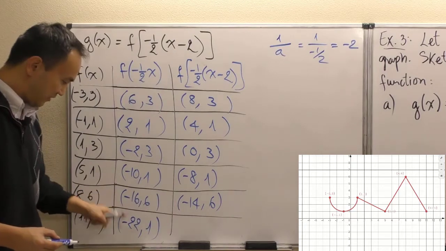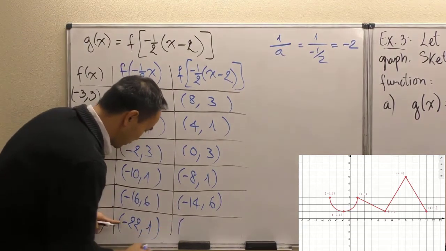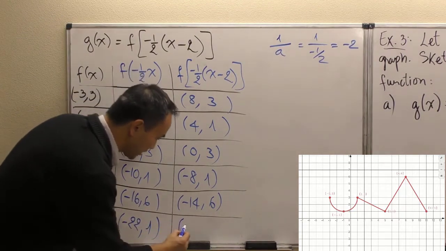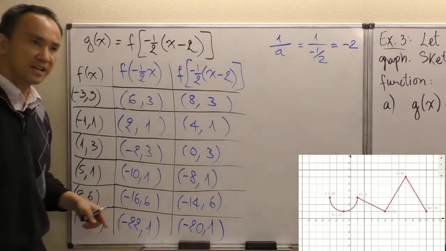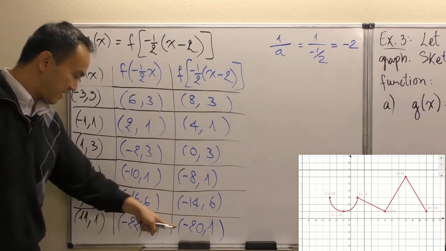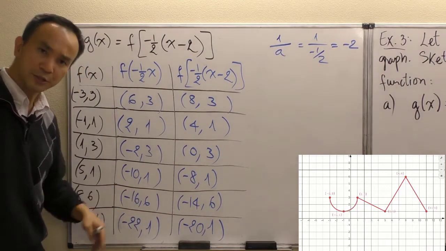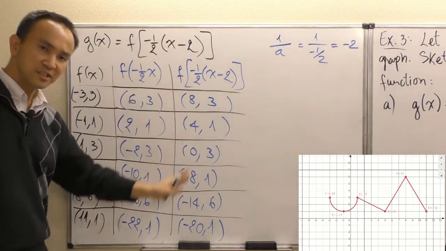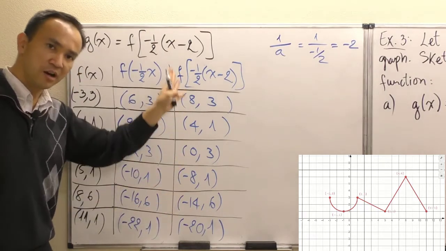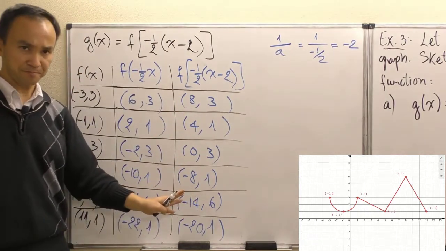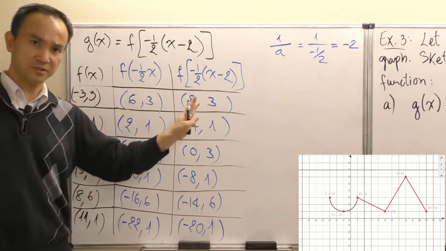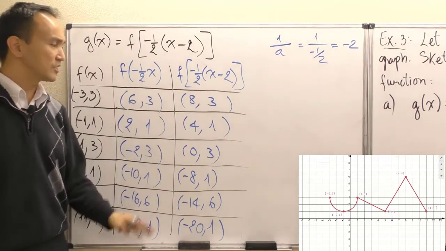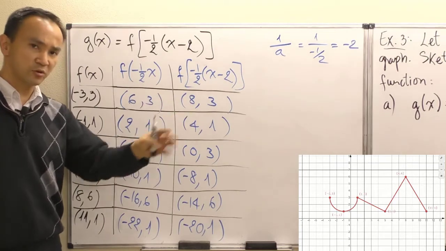And for the last one, negative 22 comma 1 is transformed into negative 20 comma 1, after negative 22 plus 2. Now this is our final list of all the transformed guiding points after 2 steps of the transformations. Okay, and so now we are ready to see the actual one.